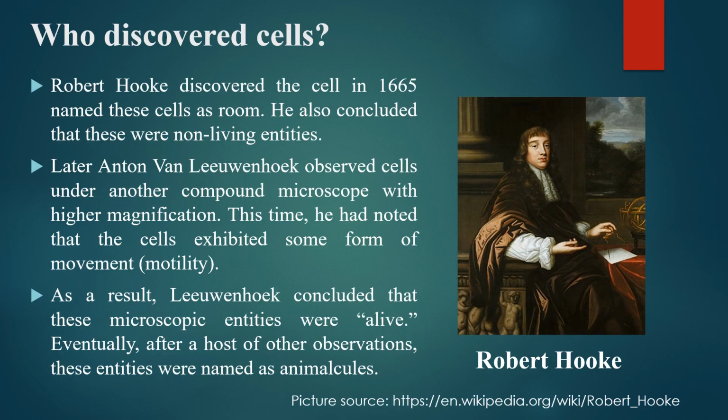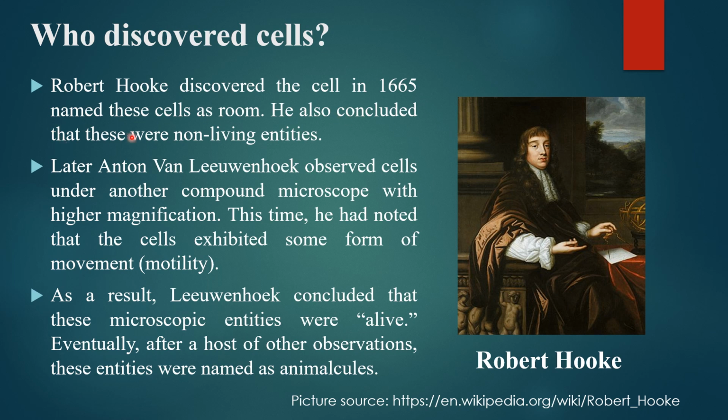Then, who discovered the cell? Here is the picture of the scientist who discovered the cell, Robert Hooke. He discovered the cell in 1665 and named these cells as rooms.